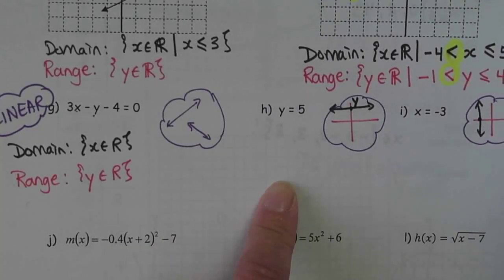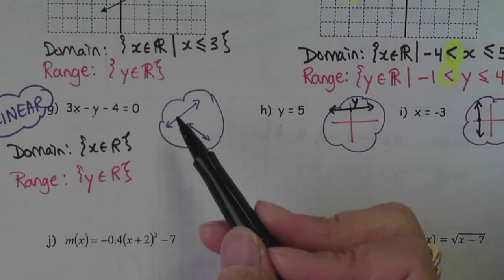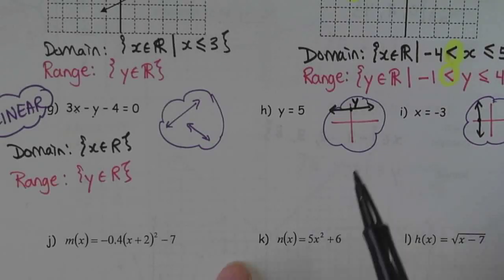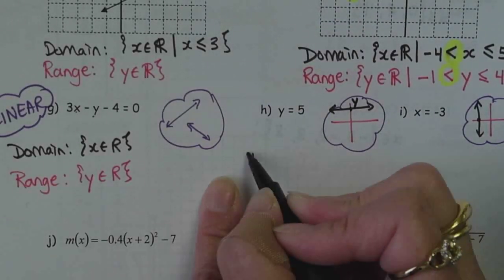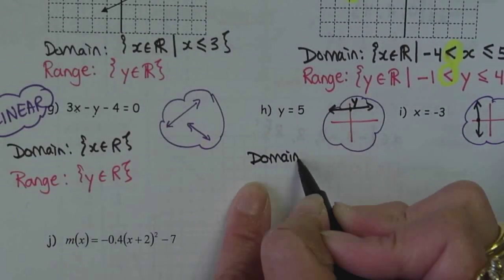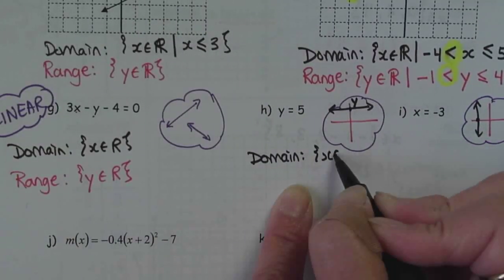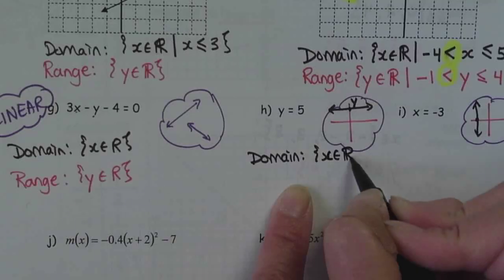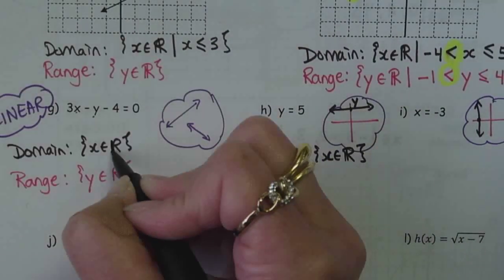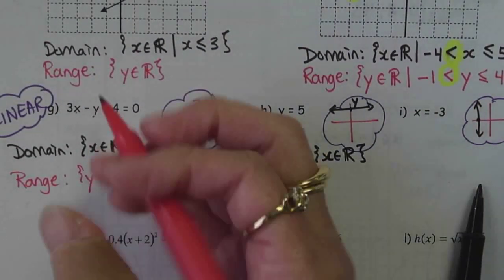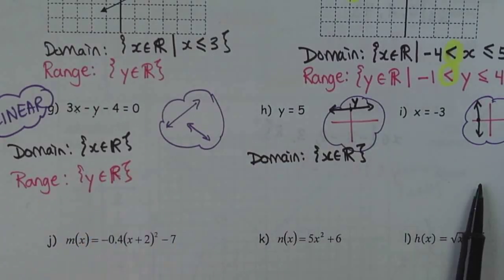If it's a horizontal line, yep. I was just going to say, is that just for diagonal lines? Yes, for any line that has a positive or a negative slope. If it's a horizontal line, though, looking at the domain, it goes left and right. So yes, for the domain, x is an element of real.